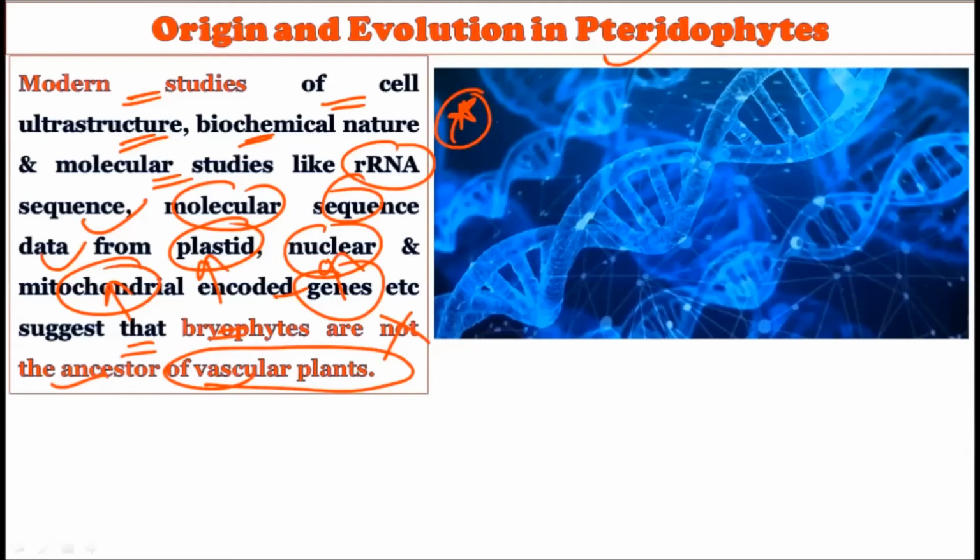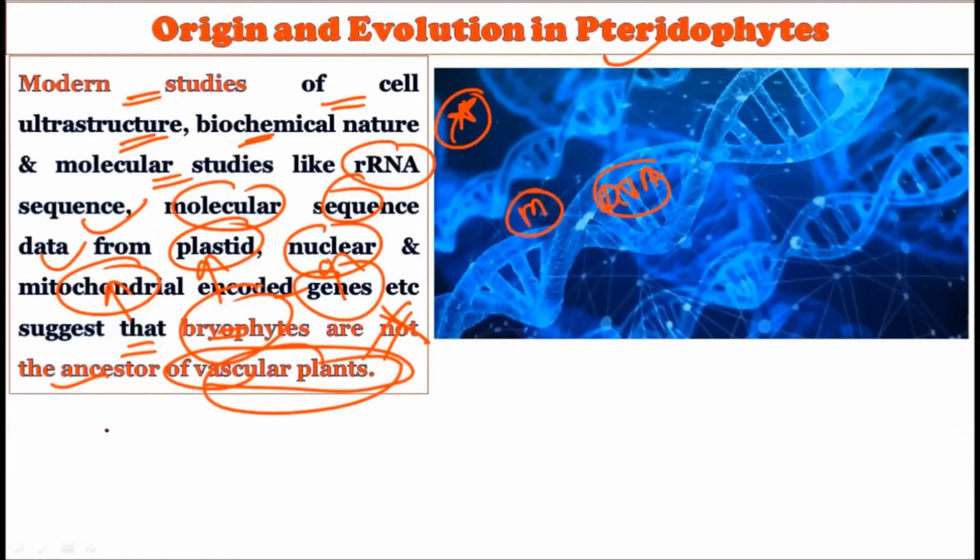So here comes the strong evidence. According to the molecular studies, when we study the DNA of the bryophytes, pteridophytes and the algae, there is strong proof that the bryophytes were not the ancestors of the vascular plants, because on the molecular basis they do not match with each other.